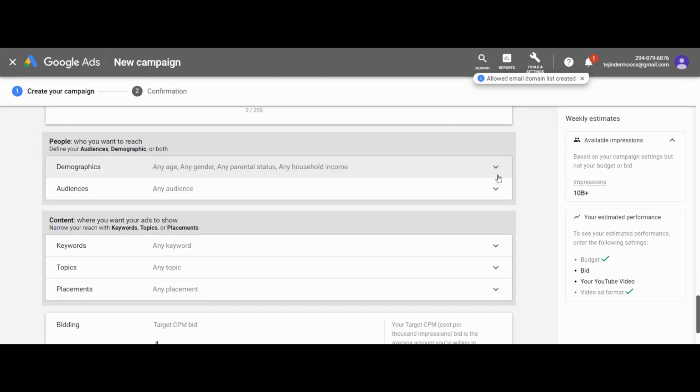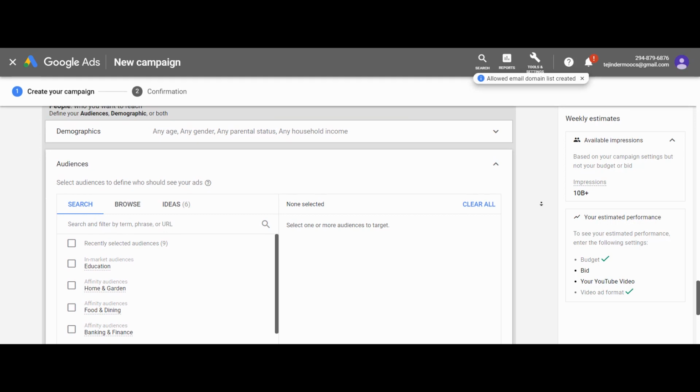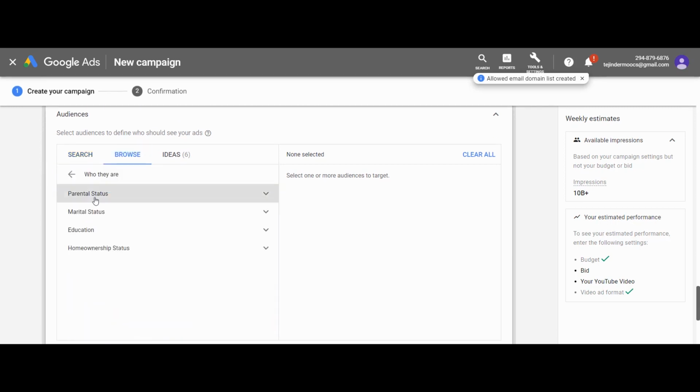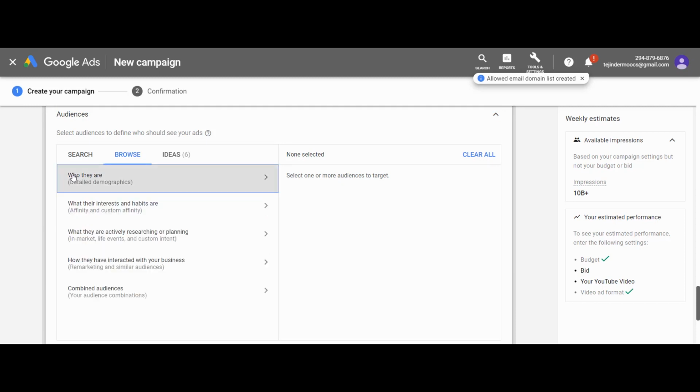In case of audience, we have multiple options to select from the different types of audience, like who they are, having subcategories like parental status, marital status, education, and homeownership status. We can also target the audience on the basis of their interest and habits.